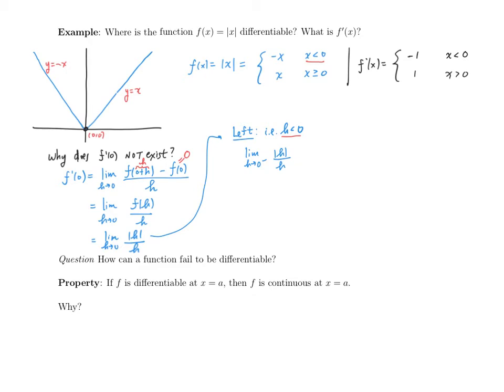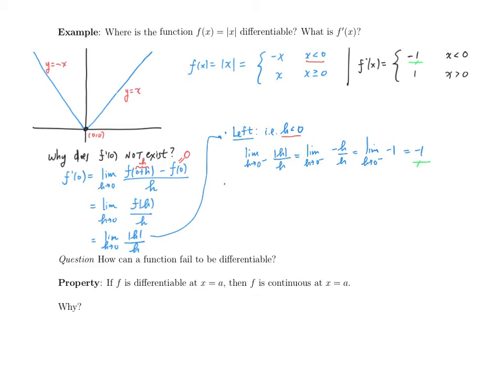And what we get out from the absolute value function would be minus h. So that is the limit as h approaches 0 from the left of minus 1, and the limit of a constant is always that constant. And let me just note, from the left of 0, getting back this minus 1 matches up very nicely with our previous intuition.